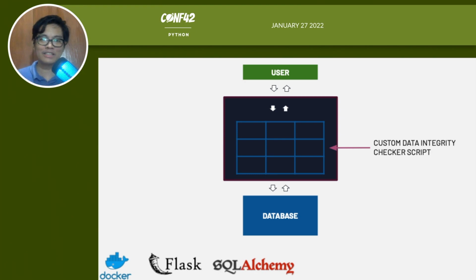This may seem counterintuitive to some of us, but you can write a custom data integrity checker script which does not significantly add to the transaction time. So let's say that the transaction time is 0.5 seconds and your custom data integrity checker script would make it 0.6 seconds. Then you'd be able to perform some checks before and after a transaction happens.